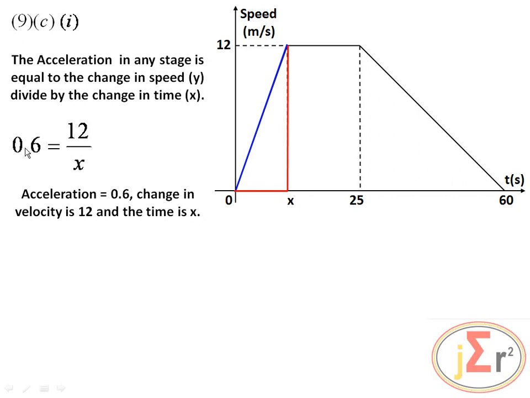Then we will have to divide by 0.6. 12 divided by 6 is 2. 12 divided by 0.6 has to be 20. So 20 seconds, and Gracia Davis is correct.